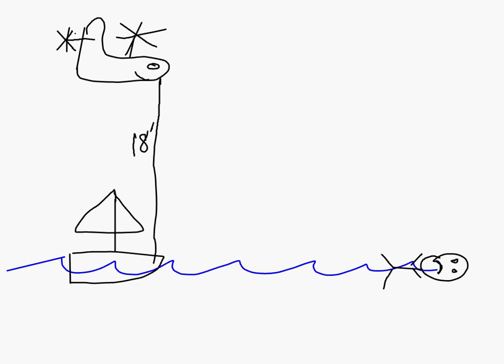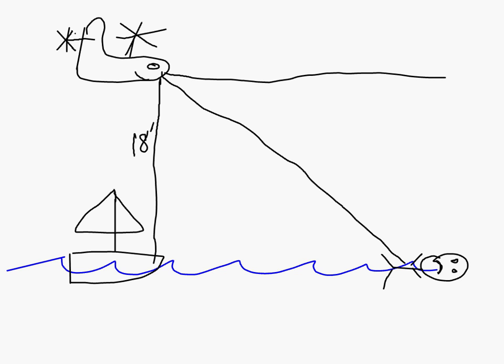So look, they're looking down at this guy at an angle of depression. Angle of depression of 42 degrees. So that's your angle of depression, 42 degrees. Okay? And what do they ask for? How far is he from the rescuers?